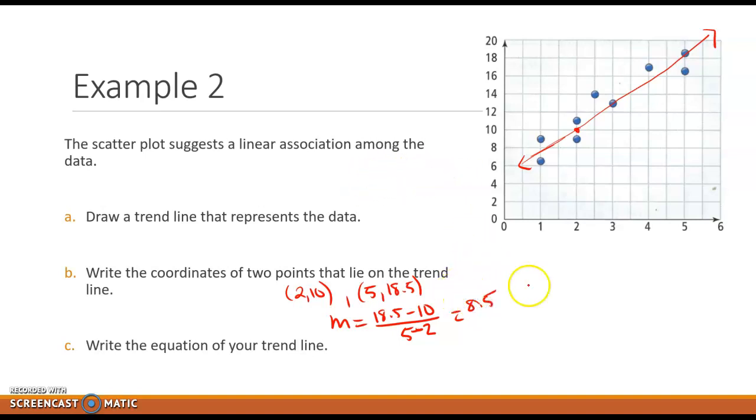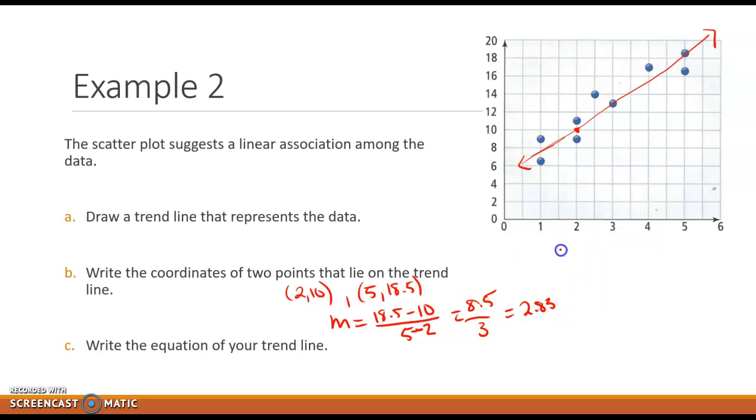5 minus 2 is 3. And then we're going to go ahead and do the division. So 8.5 divided by 3 is 2.83. Most scatter plot graphs want you to do the decimal as opposed to the fraction, especially if we have a decimal in our answer here. Now we need to write the equation of my trend line.